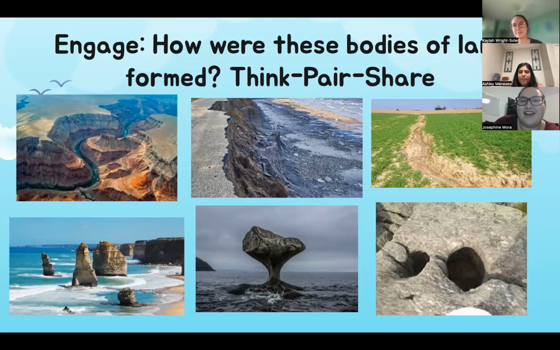I see how you got that. And I picked the third picture, the one with the grass. What I was thinking is that the water was going down, and because there was so much water going down, the grass wasn't able to grow right there. Yeah, I think so too. Thank you for sharing, Josephine. Thank you for sharing too.